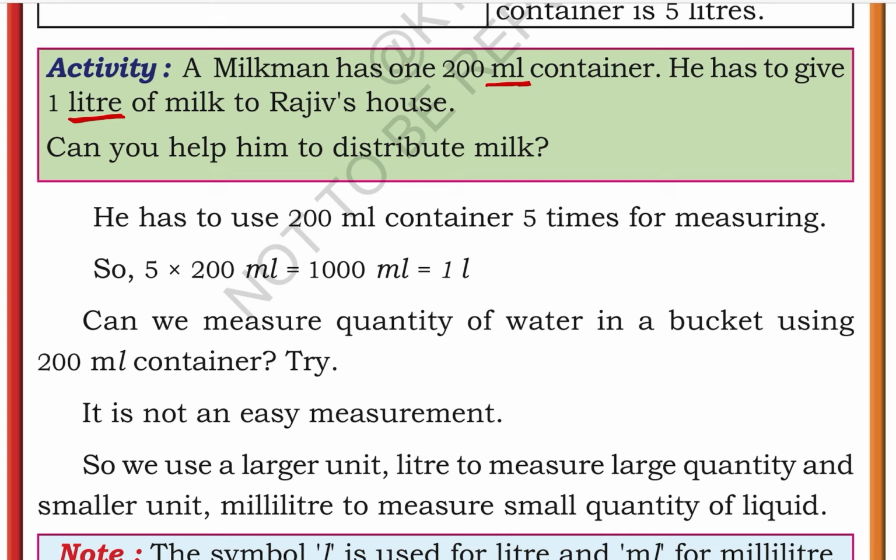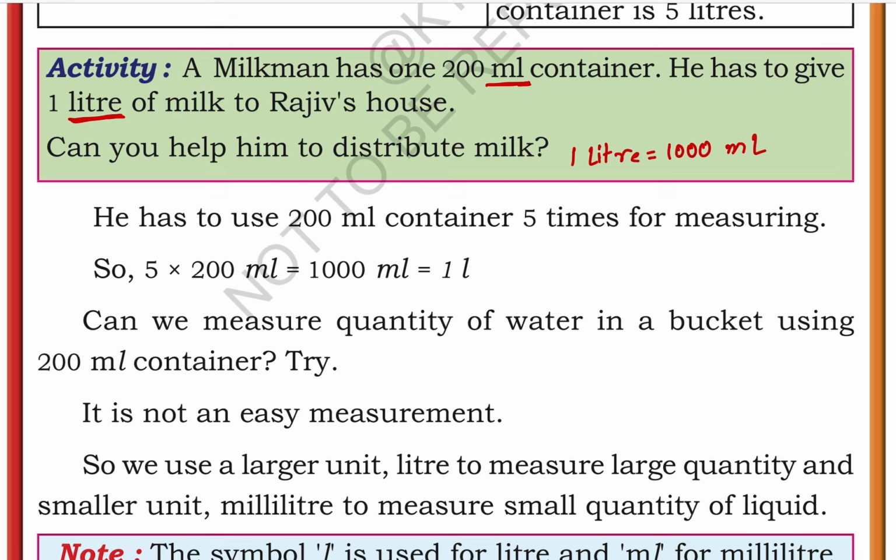So, write the relation. I am writing it here. 1 liter is equal to 1000 milliliter. This is a very important relationship. Please keep it in your mind always until you finish this chapter.